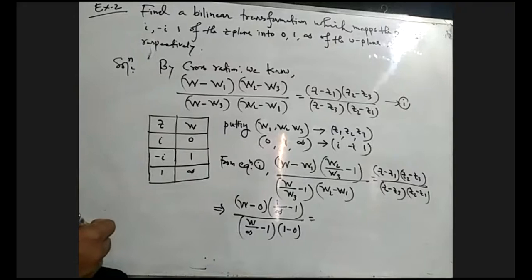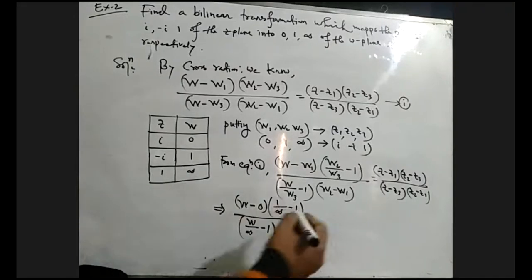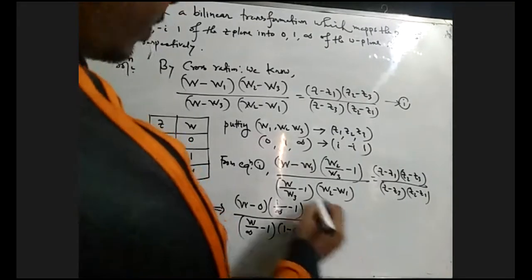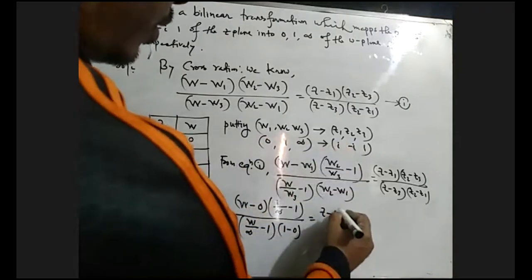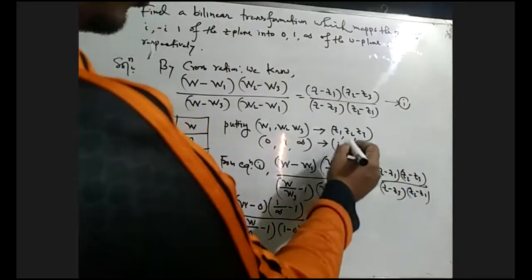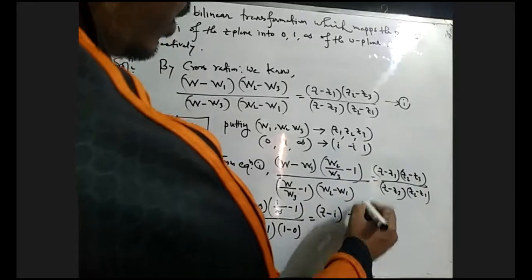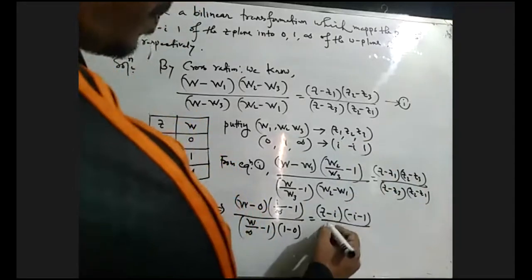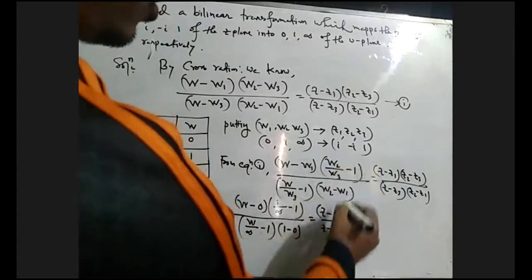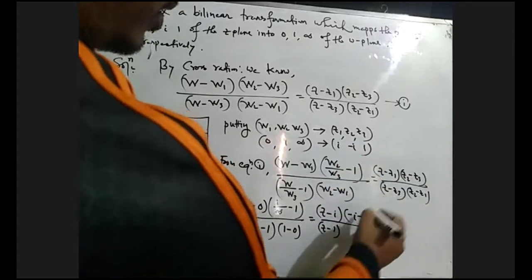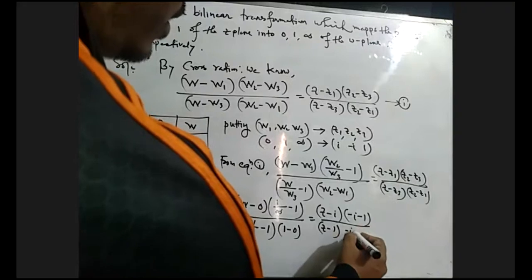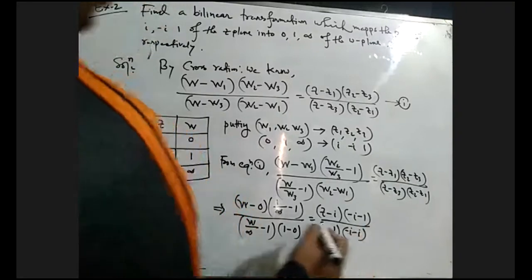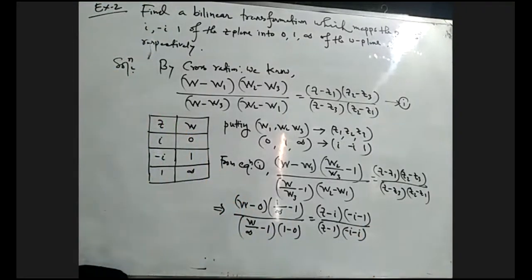For the Z values, Z1 equals i, Z2 equals minus i, Z3 equals 1, so Z2 minus Z1 equals minus i minus i, that means minus twice i.